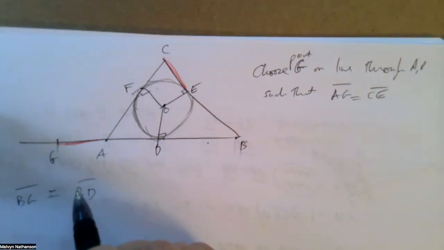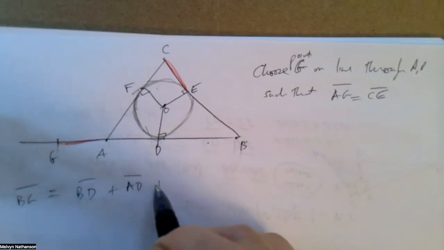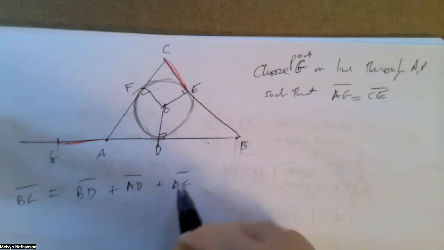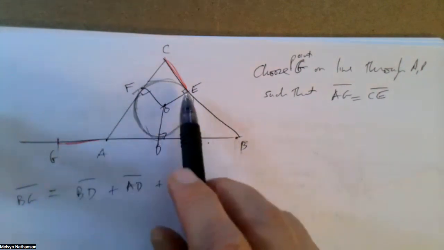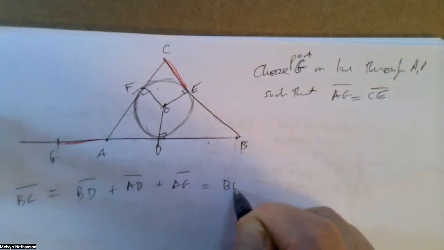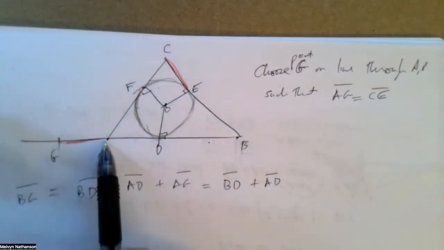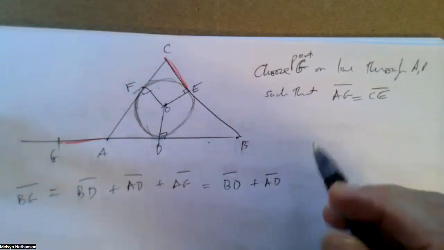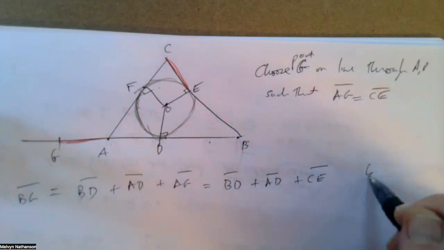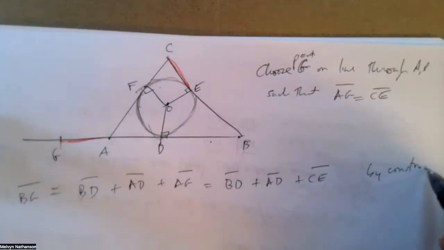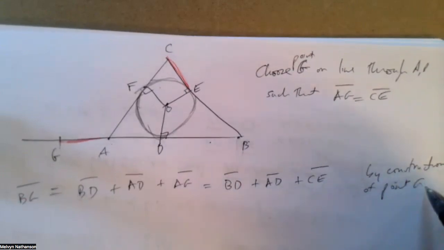The distance from B to D, plus the distance from A to D, plus the distance from A to G. But the distance from A to G is the distance from C to E. So this is the distance from B to D plus A to D, and I can replace the distance from A to G with the distance from C to E. Right, that's by construction of the point G.